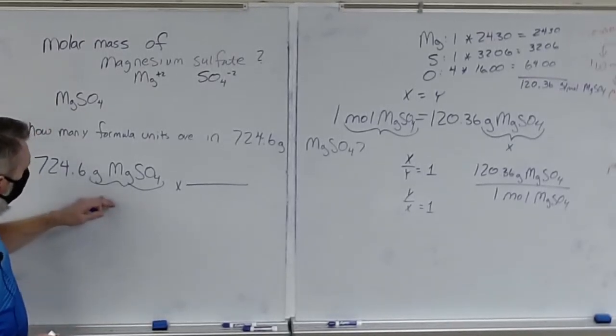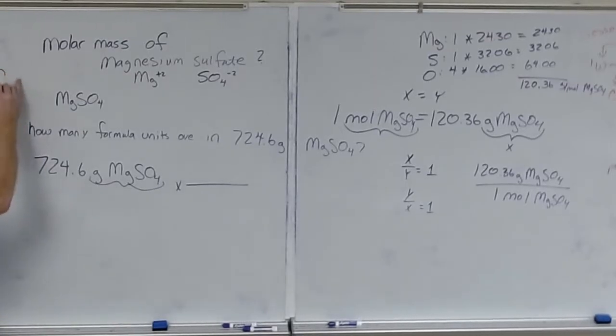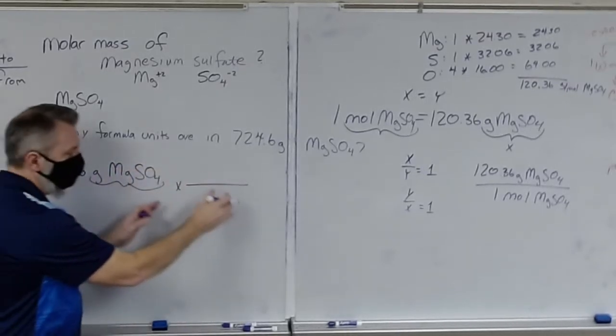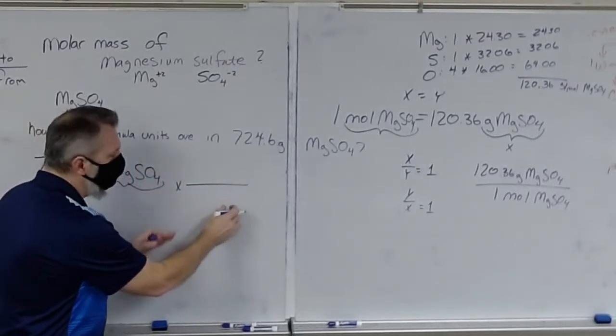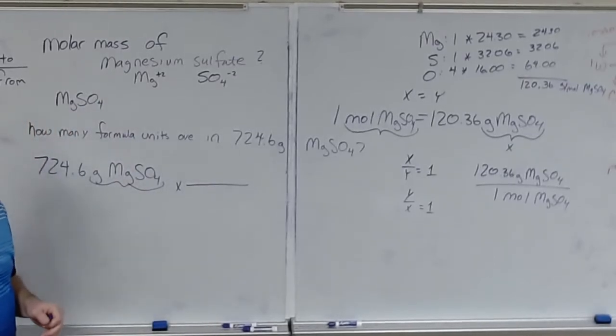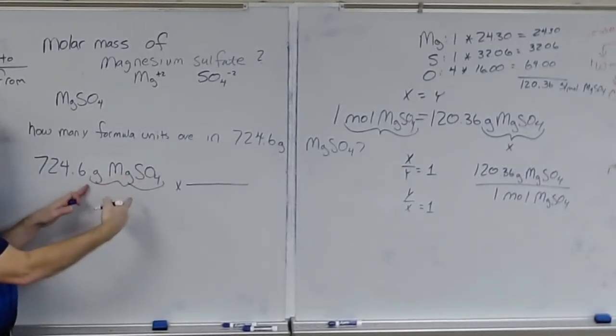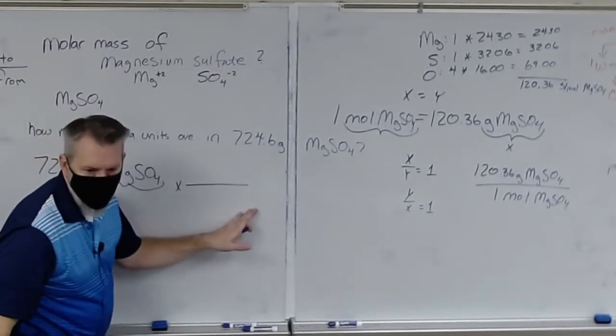All right, so I've got this, and I want to go from and to. If I want to go from this on top, what units have to go on the bottom here? If I have grams of magnesium sulfate here, what has to go down here?